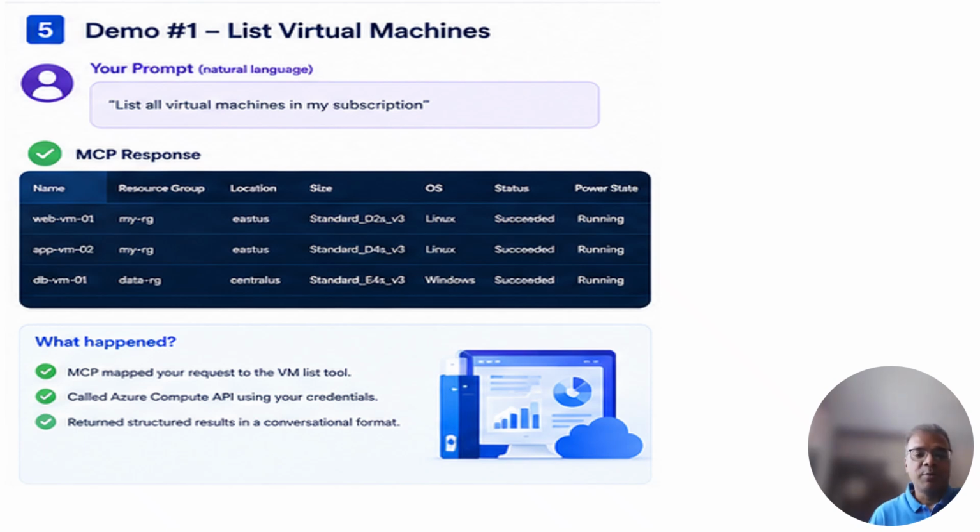And what is happening here is that, as we saw in the previous diagram, this English is translated to help in picking the right tool, which is the VM list tool, and then it calls the Azure Compute API using your credential, and this gives you a nice table-like structure of all the resources, and that's where the power of the LLM is happening. So very cool. You don't have to remember the syntax, etc. Just say it in English and get your information fast.